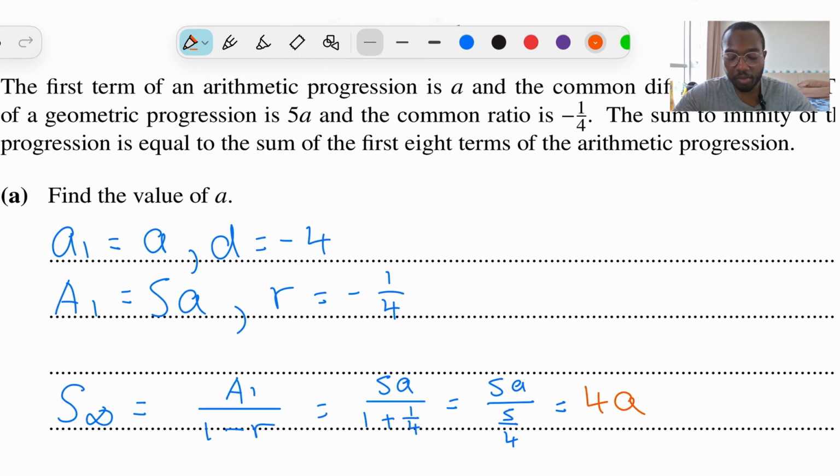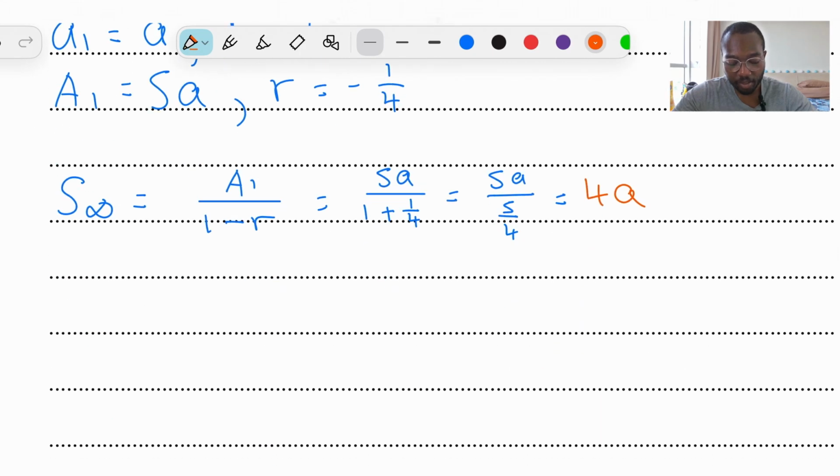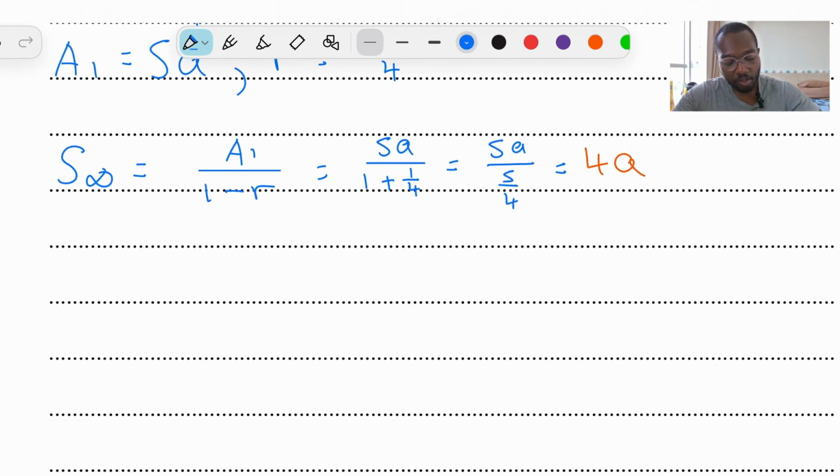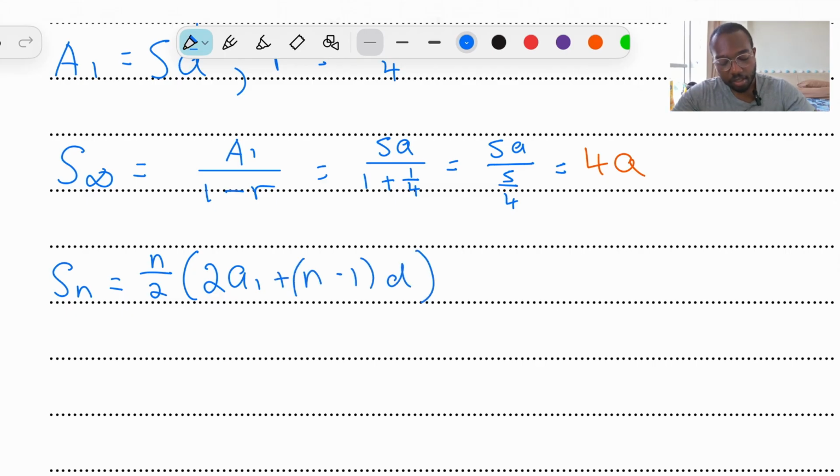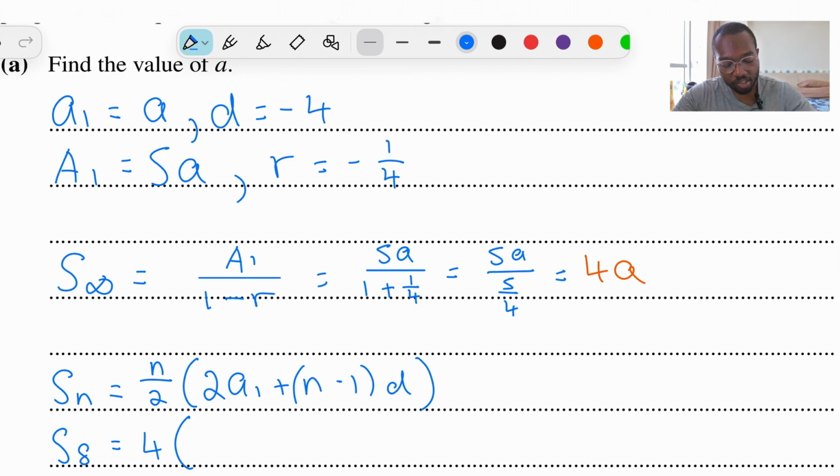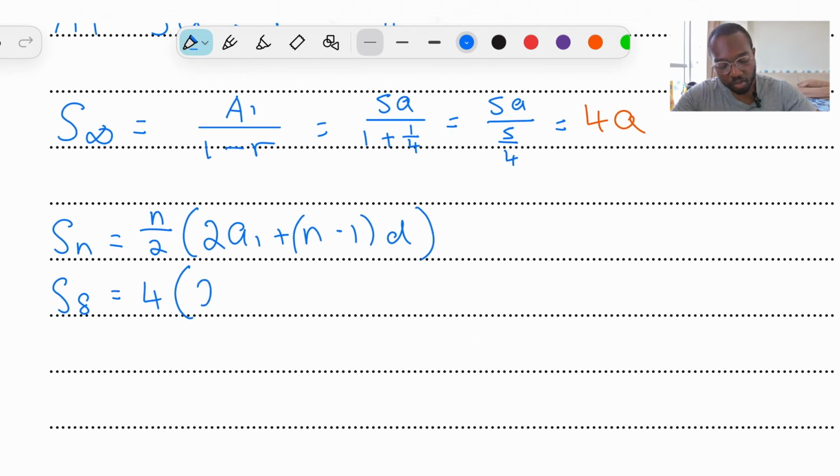So now let's look at the sum of the first 8 terms of the arithmetic, okay? We know that the sum of an arithmetic is n over 2 times 2a1 plus n minus 1 d. So in our case, S8 is equal to 8 over 2, which is 4, times 2 times A1, well, for the arithmetic, A1 is just a, so 2a, plus 8 minus 1, so that's 7.